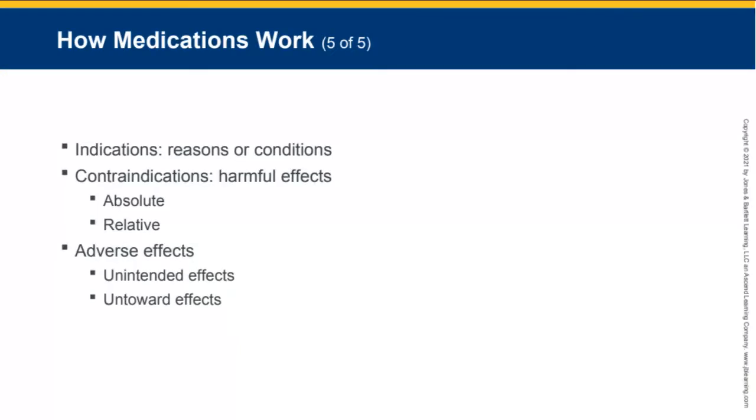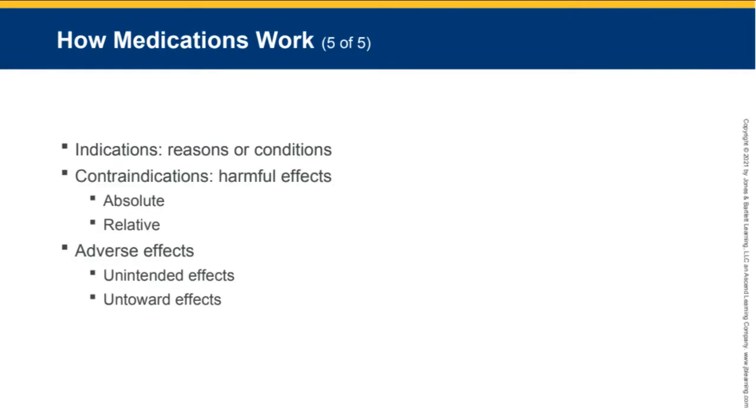Adverse effects. Adverse effects would be any action of a medication other than the desired ones. Unintended effects. These are effects that are undesirable but pose little risk to the patient. When you give your patient 2 puffs of a Ventolin inhaler, they may start to experience an accelerated heart rate as well as fine tremors in the extremities.